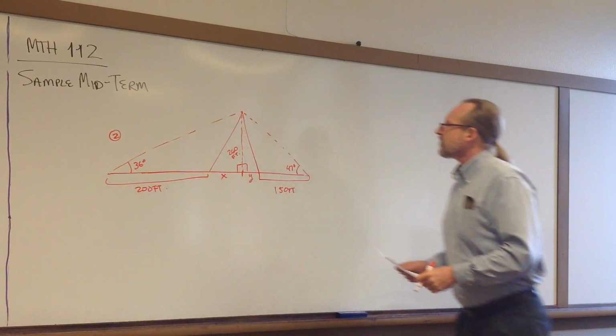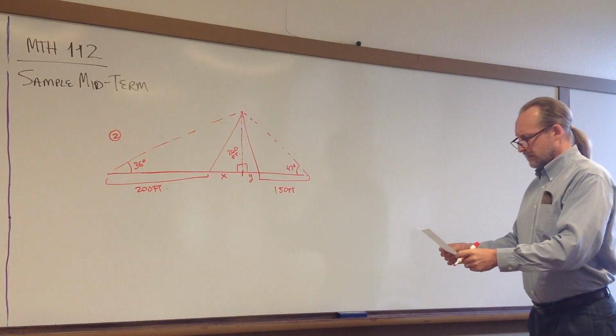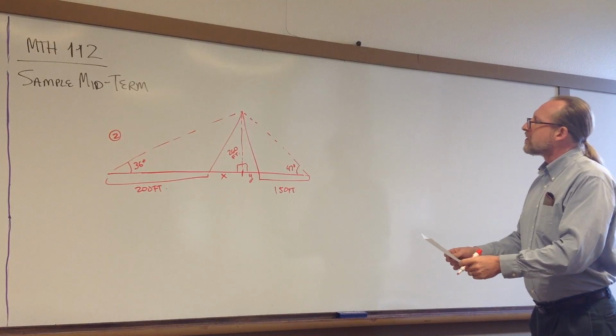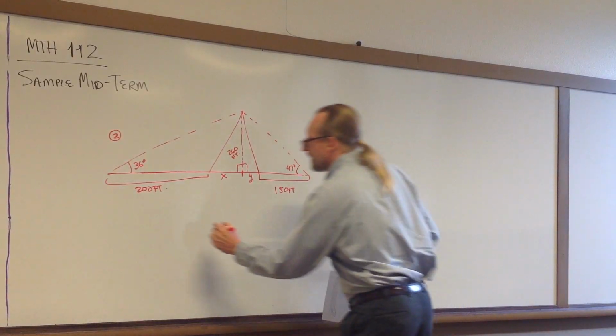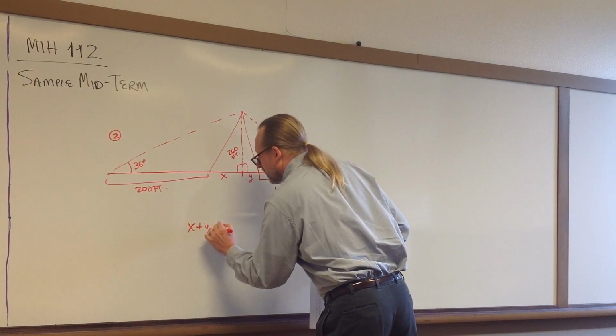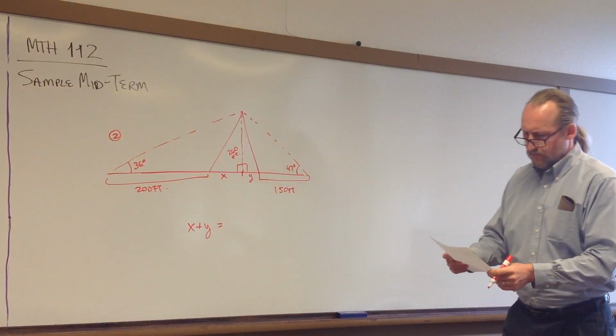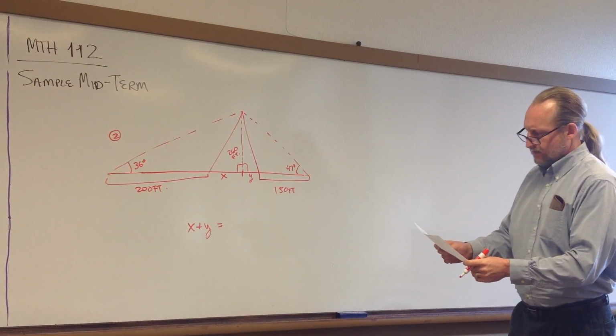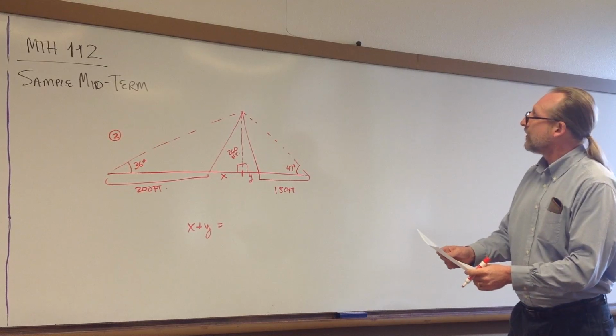In the end, what we're looking for is x plus y, which is the length of the tunnel, and we want to approximate that to the nearest foot.